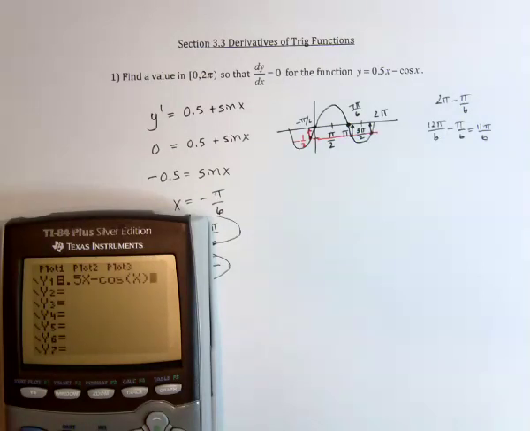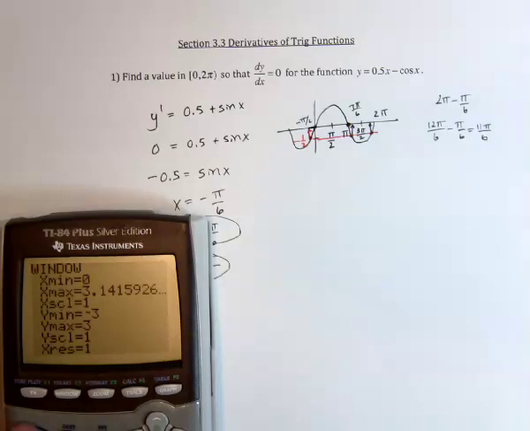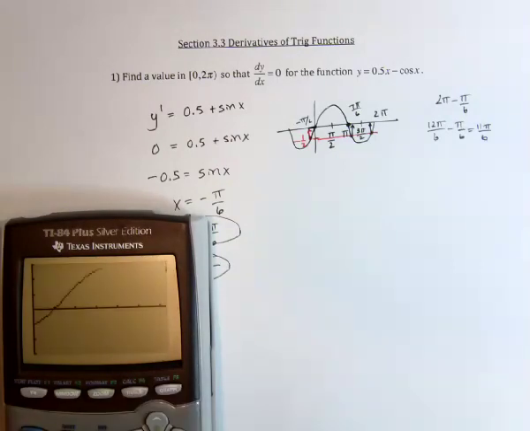So there's the original function. Change the window to go from 0 to 2 pi, -3 to 3 for the y values.